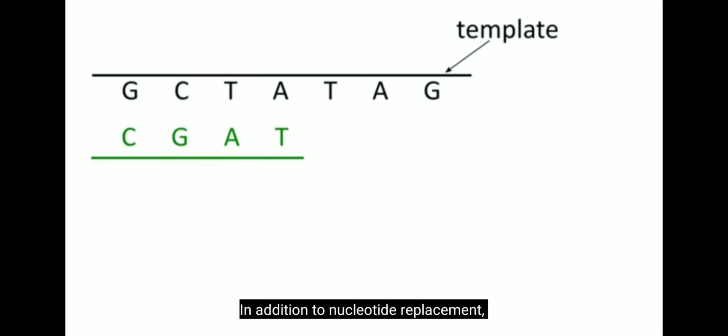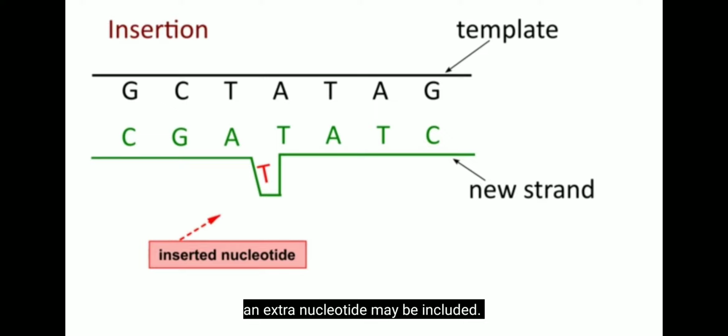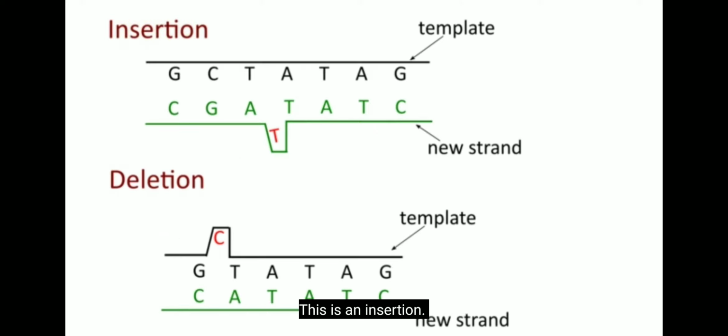In addition to nucleotide replacement, replication errors can add or remove nucleotides. The new DNA strand may slip while replication occurs. If the new strand slips, an extra nucleotide may be included. This is an insertion.